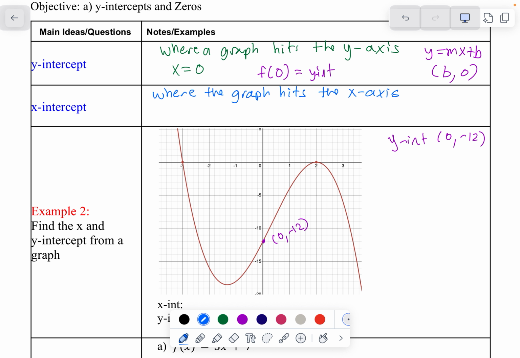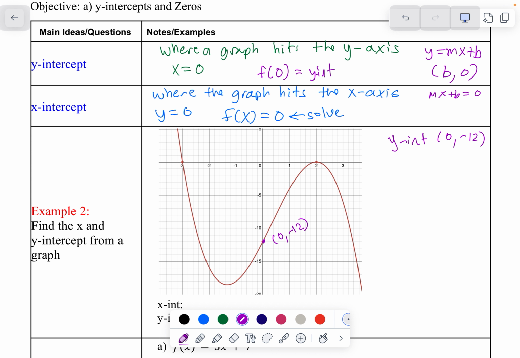In function notation, you have to set the function equal to 0, and then you have to solve it. So for a linear function, it would be where mx plus b is equal to 0. You have to set it equal to 0 and solve for x. So it is a little more complicated.